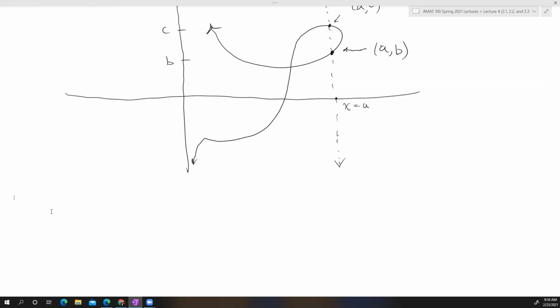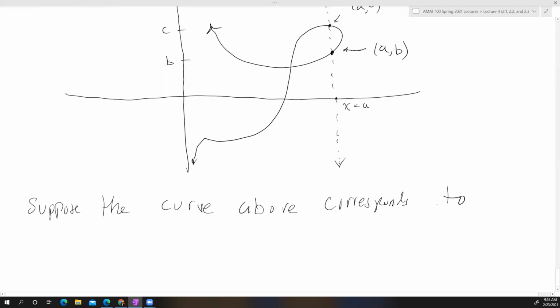So we're going to do that. Suppose the curve above corresponds to some function f, which goes from the set A to B. Okay, so this is a proof by contradiction.